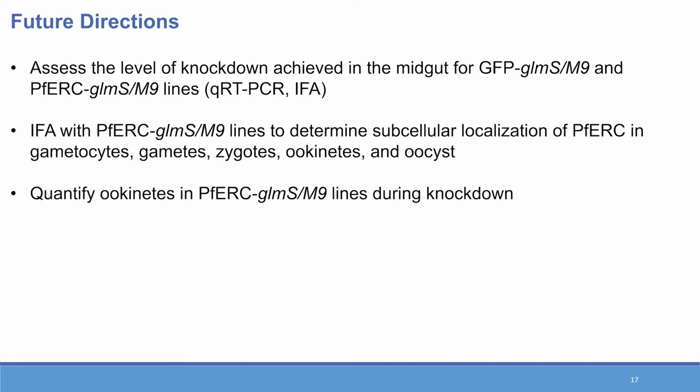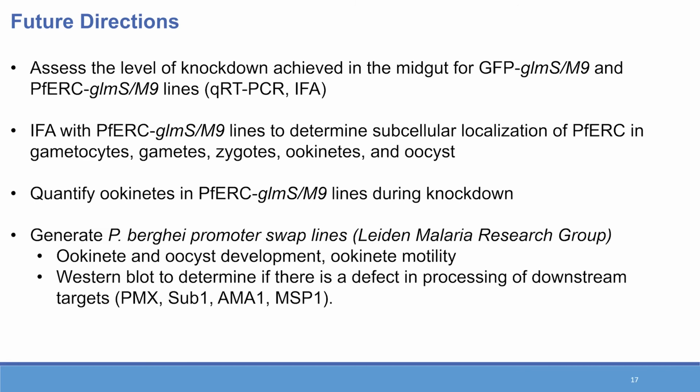We're looking to quantify the ookinetes in the ERK GLMS and M9 lines during knockdown. We're also working in collaboration with the Leiden Malaria Research Group to generate Plasmodium berghei promoter swap lines so that we can better study the biology of ERK in the mouse model. There are several experiments we can do with that, including ookinete and oocyst development, as well as Western blots to look at defects in processing of downstream targets, as Manuel saw in the asexual stages.